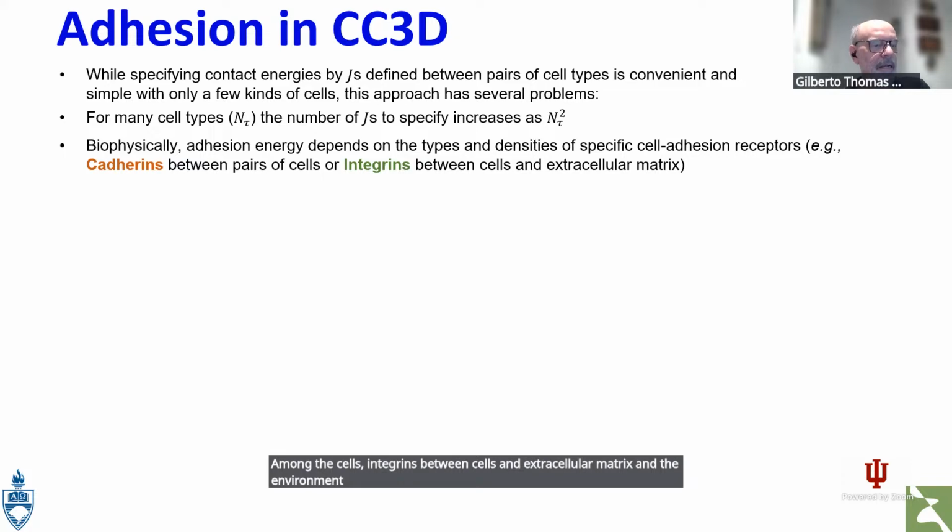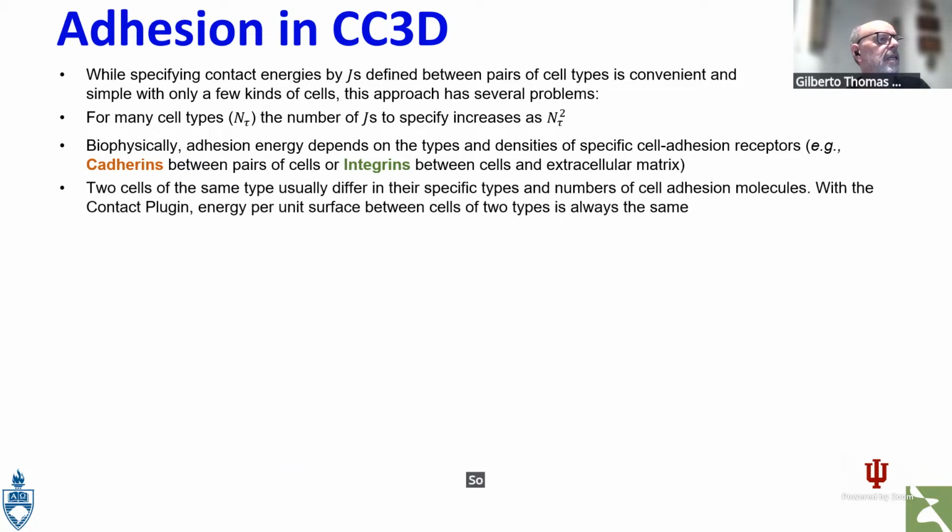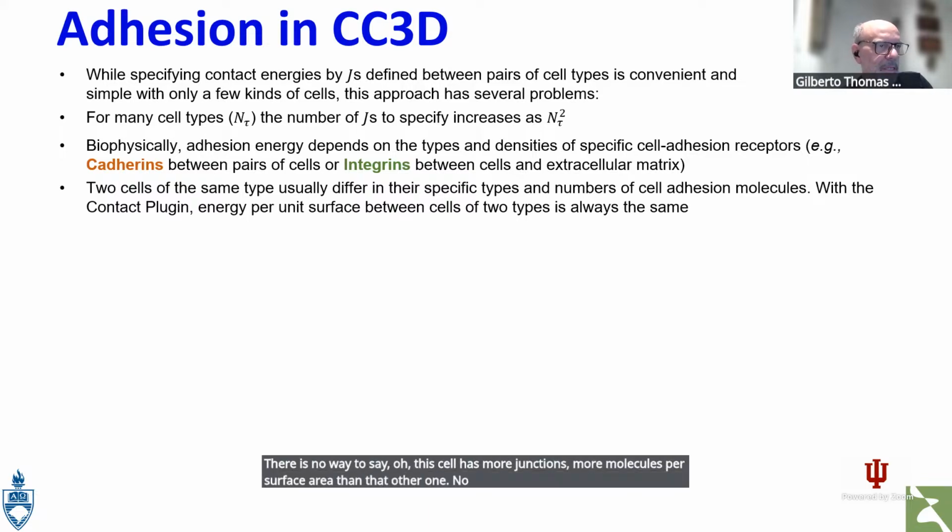So if you have two cells that differ only by the number of cell adhesion molecules, with the contact plugin we cannot take that into account. There is no way to say, oh, this cell has more junctions, more molecules per surface area than that other one. No, everything is the same. Okay?